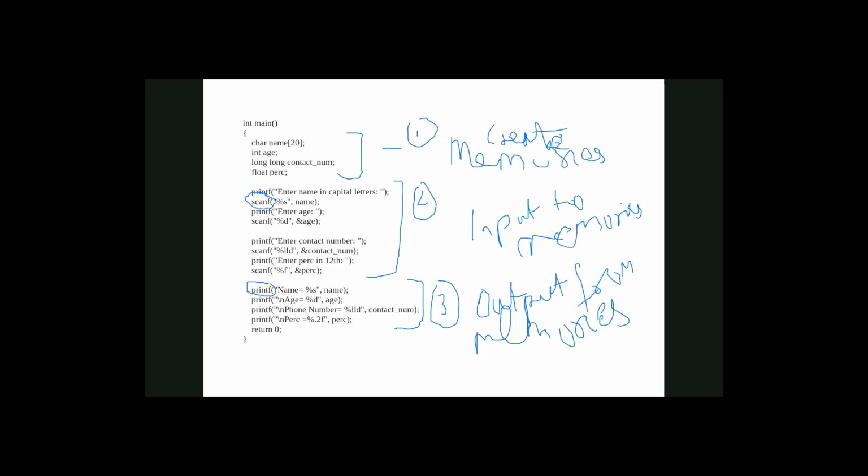And these are the types of memories available to us: character, int, float, long. So I hope this is clear to you.